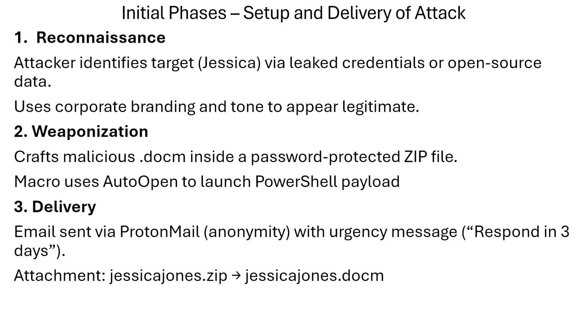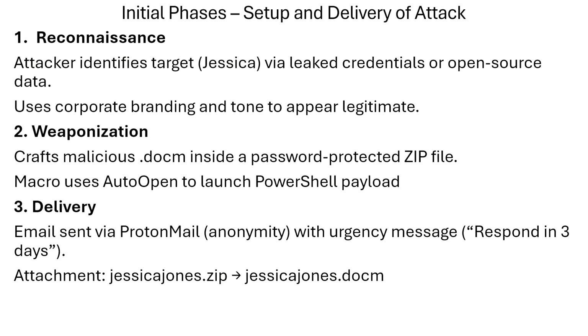In the first step, reconnaissance, the attacker likely gathered information on Jessica, perhaps through leaked credentials or open source data, and crafted a believable email using a legal parking fine as bait. For the next step, weaponization, he used a malicious Word document named jessicajones.com, which was embedded in a password protected zip file to bypass email security.